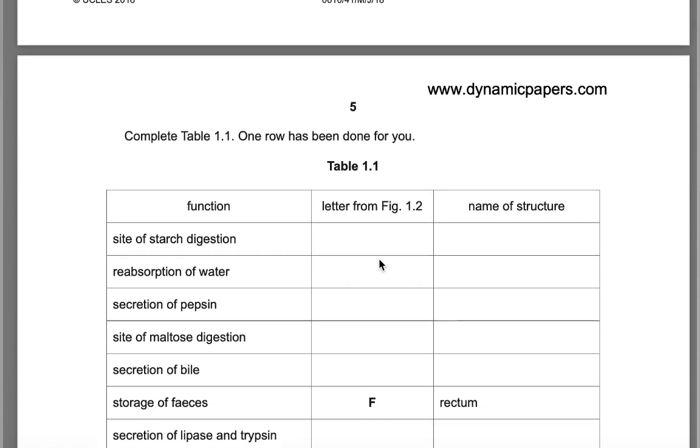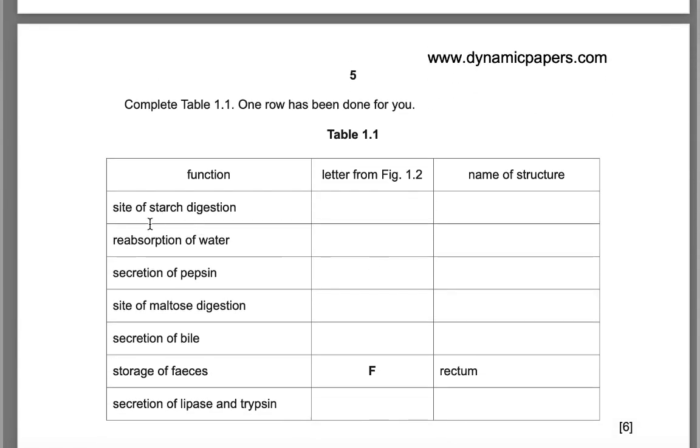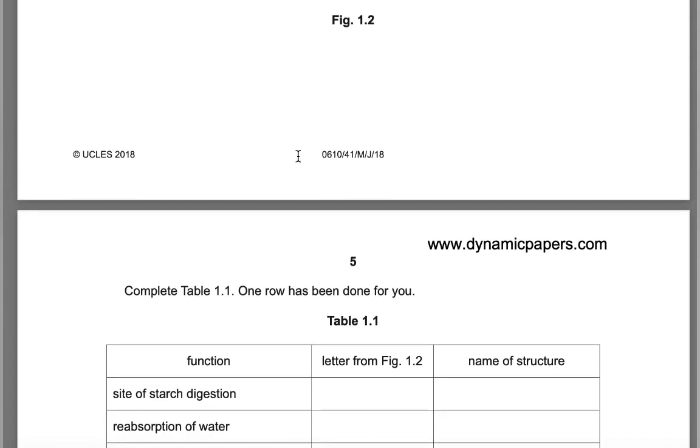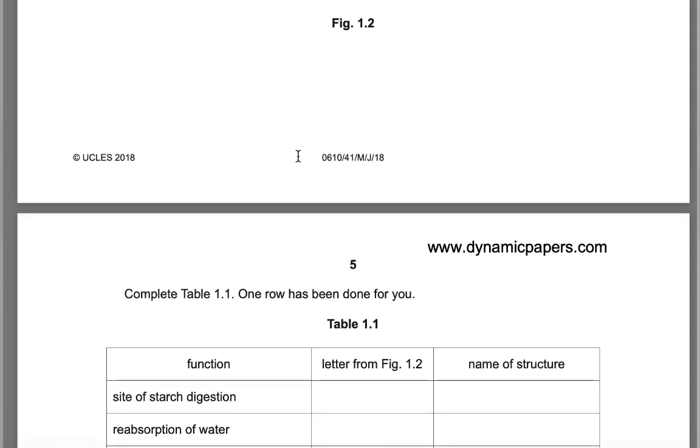Okay, so let's start. The first one is the site of starch digestion. Which letters are the sites for starch digestion? Then we give the names. Starch digestion starts from the mouth. It happens in the mouth and in the small intestine.